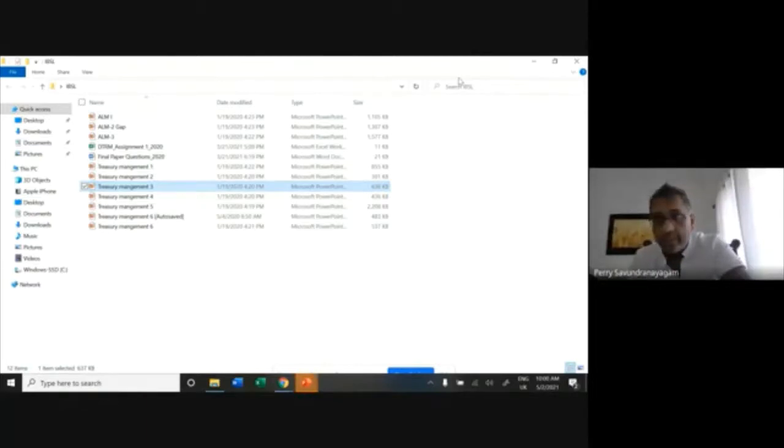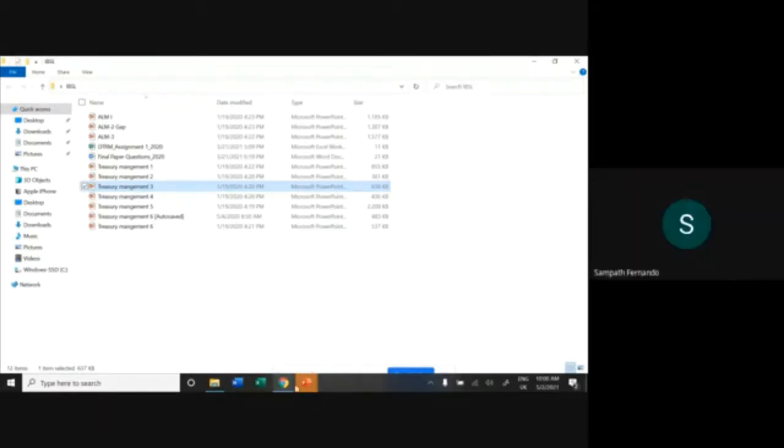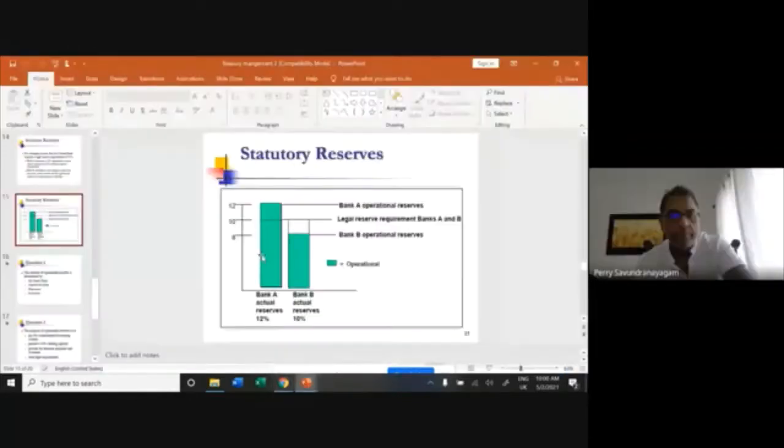Yeah, so the operational reserve and the legal reserve. So basically, this 10% is the legal reserve you have to maintain whatever happens. Is that clear? Yes. Okay. So the operational reserve in this bank B is only 8%, bank A is 12%.